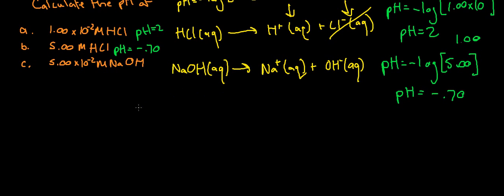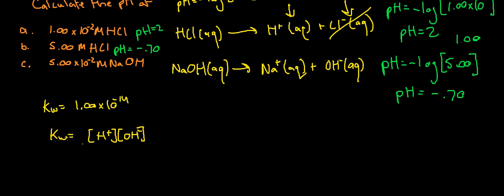Since it's being dissolved in water, one thing that I can do is use the Kw. Kw is equal to 1.00 times 10 to the minus 14th, I believe. And I am correct. This is Kw. Kw is equal to the hydrogen ion concentration and the hydroxide ion concentration multiplied by each other equals this.